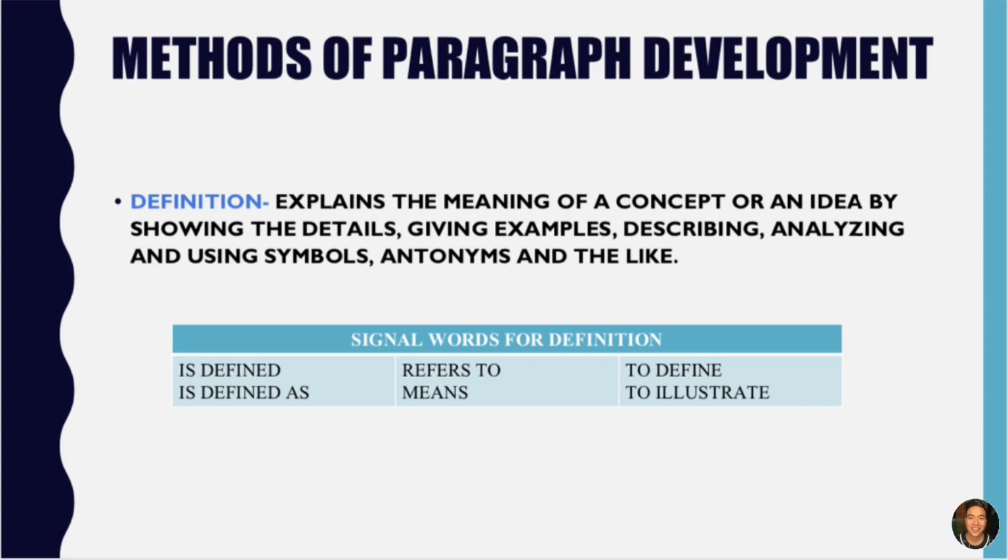And when we say technical terms and jargons, these are languages that are being used specifically by a particular group or profession. By using definition to develop an idea, it helps you to clarify and explain the concept by answering the question, what does it mean?